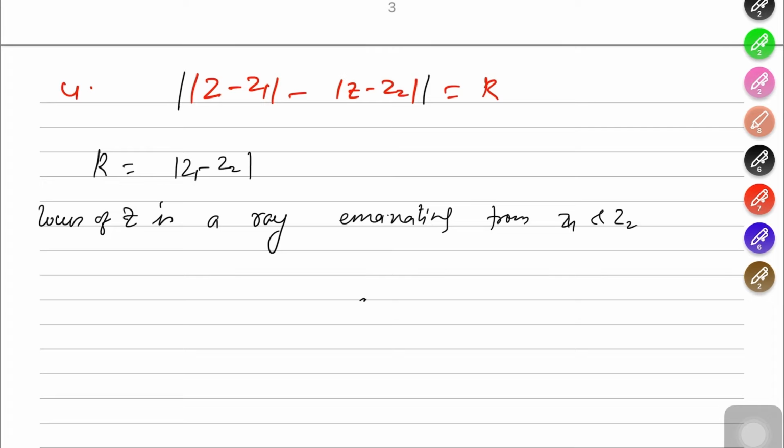So this is Z1, this is Z2, and this is the locus of Z.